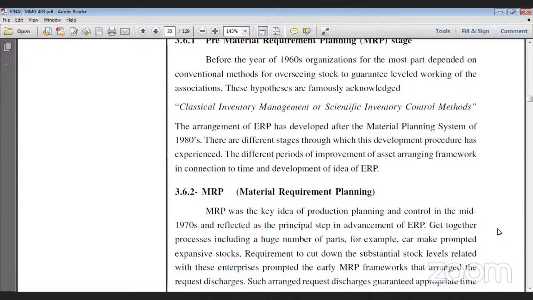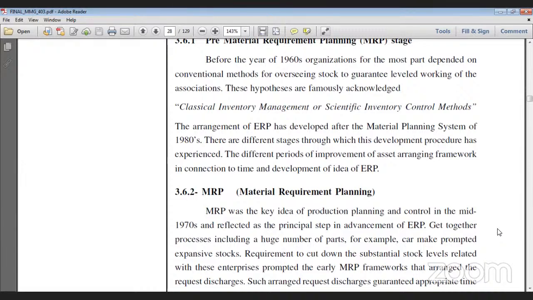It was the key idea of production planning and control in the 1970s, and it was reflected in the first step in the advancement of ERP. It involves the process of assembling a huge number of parts. For example, car making prompted expensive stocks.